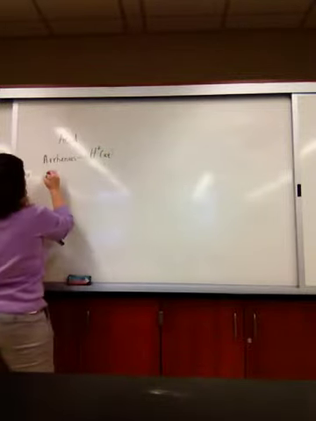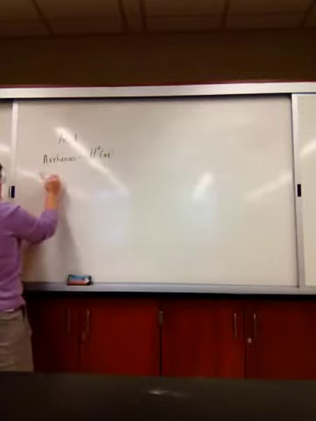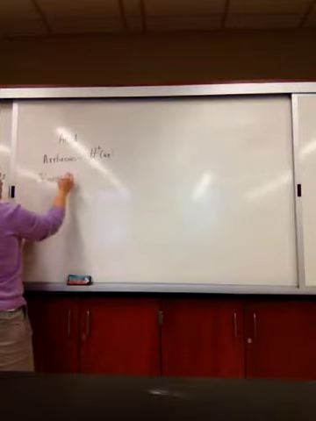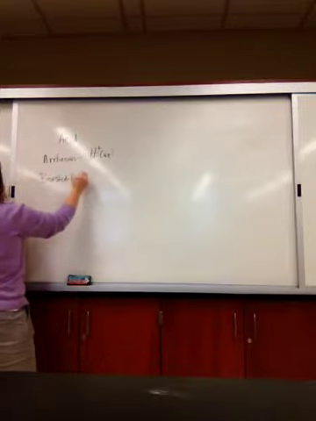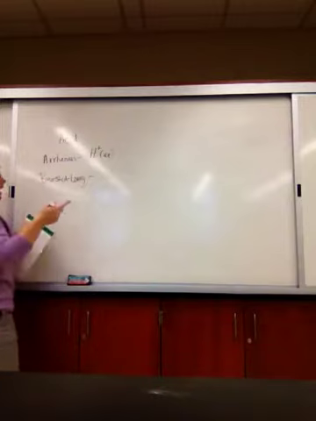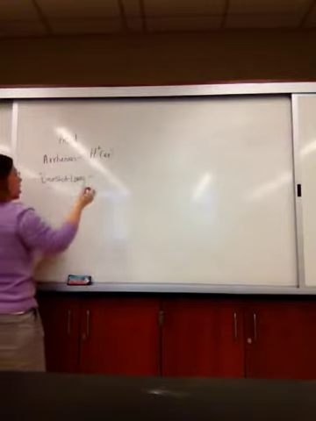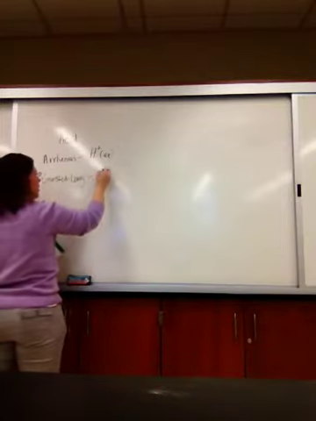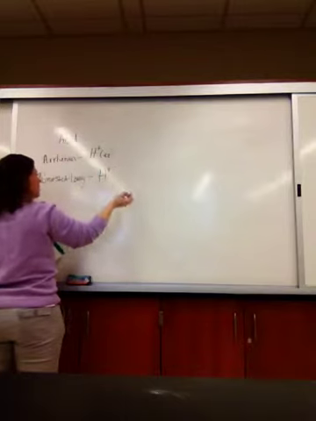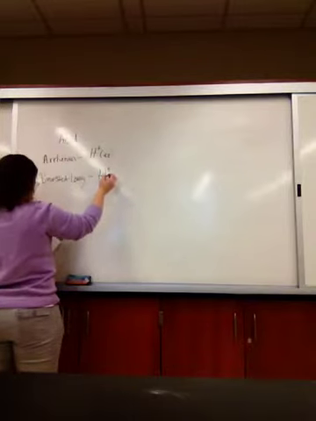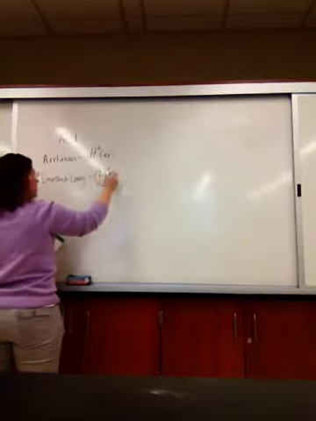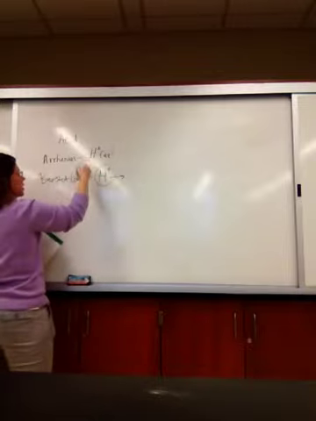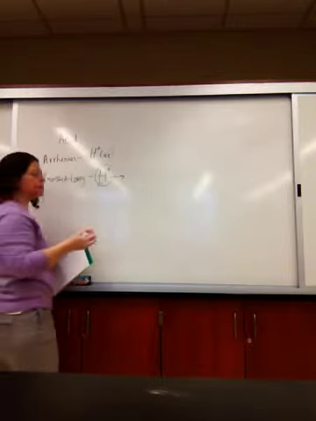A Bronsted-Lowry acid defines an acid as a proton donor. Now, a proton is an H+. So if it's a proton donor, then it donates this, which is essentially the same as an Arrhenius acid.